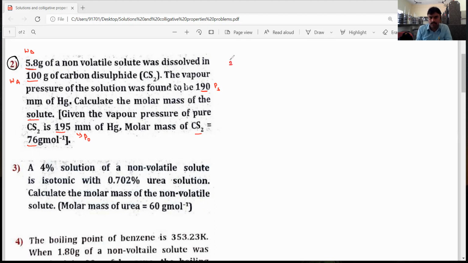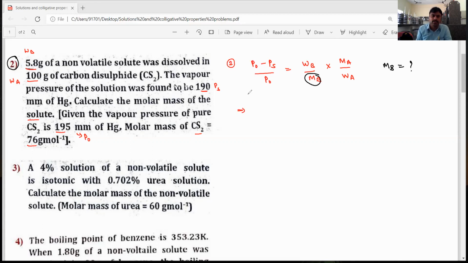For this question also the formula is the same: P naught minus Ps by P naught equals weight of solute by gram molecular weight of solute into gram molecular weight of solvent divided by weight of solvent. Now we need to find MB.